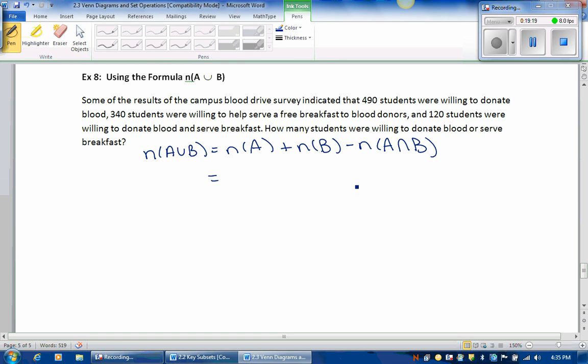How many students were willing to donate blood or serve breakfast? I've got 490 in my first set that are willing to donate blood, 340 in my second set that are willing to give out a free breakfast, and then 120 who are willing to do both. So we're going to add these together. I get 830 minus that 120. And the cardinality of the union of the sets is 720.